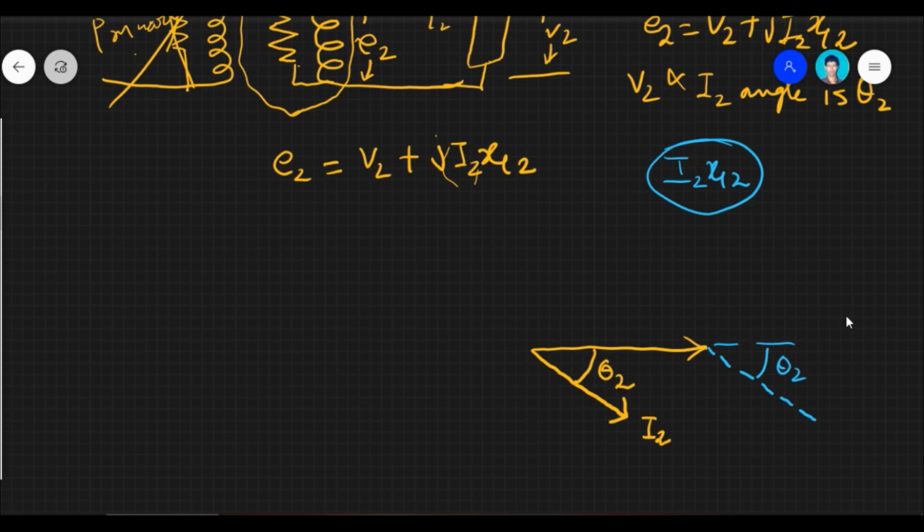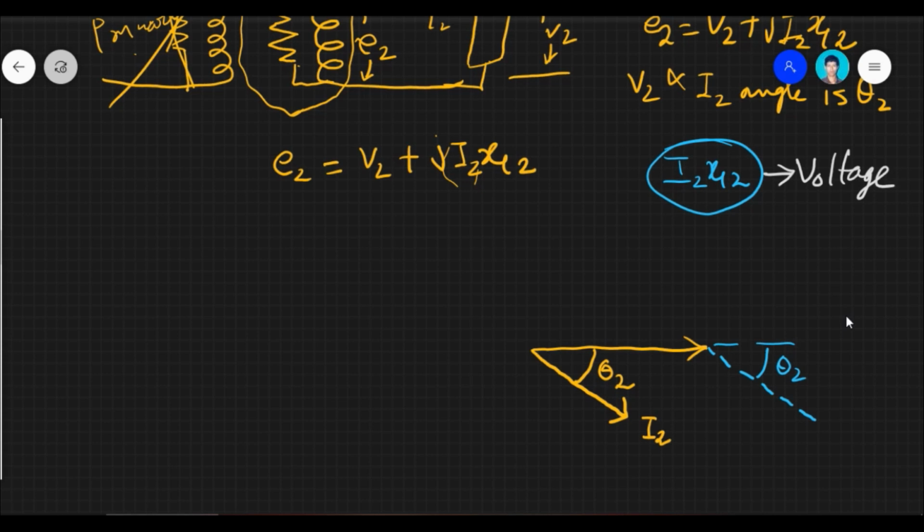Now here we have to draw jI2XL2. In order to draw that, first of all you have to find the magnitude of I2XL2, and as this is a voltage, you have to scale.